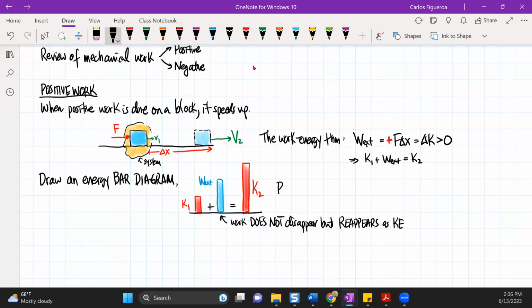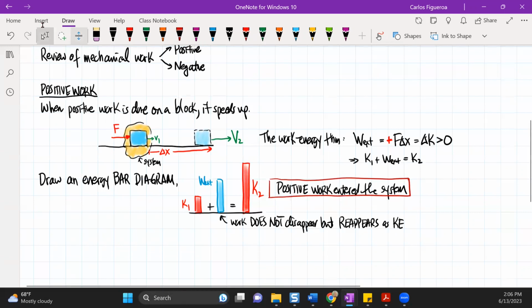So clearly, from our bar diagram, positive work entered the system. That's what we mean by the work energy theorem to change the speed of a block.